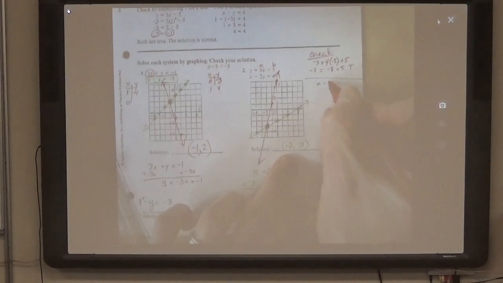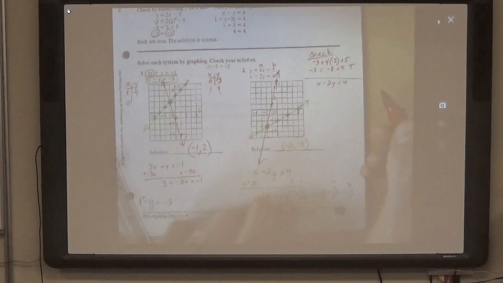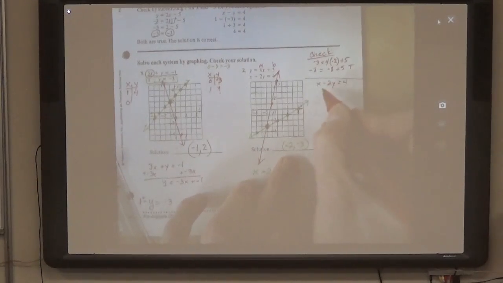Then check the second one. x minus 2y equals 4. Put in -2 and -3. So -2 minus 2 times -3 equals 4. -2 plus 6.